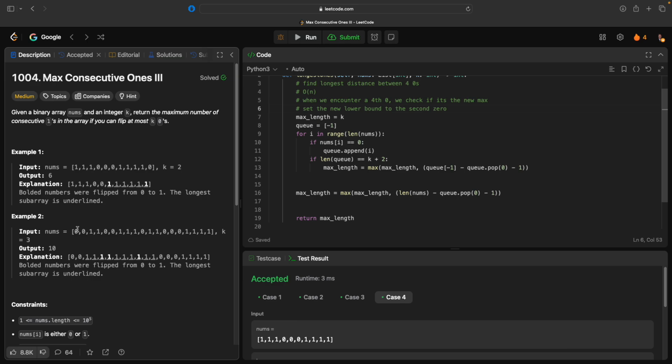So if k is 2, then k plus 2 is 4. So now we go through this and we see, okay, 1 zero, 2 zeros, 3 zeros, and then 4 zeros. So we can just take that minus 2, or actually minus 1 because of how we do the index. Yeah, the index is 0 indexed.